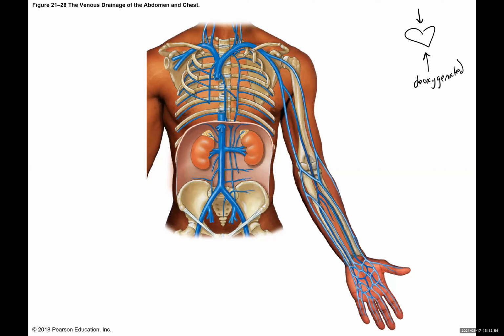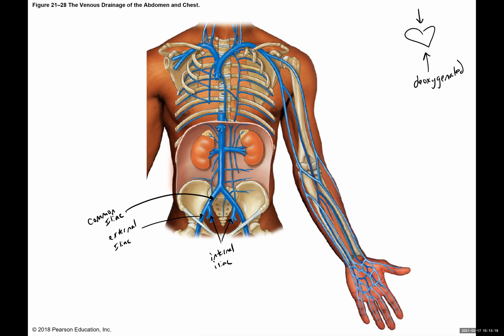Now, in our last video, we were looking at the blood draining the lower extremities, so we will see it traveling up to the external iliac and internal iliac, joining at the common iliac.